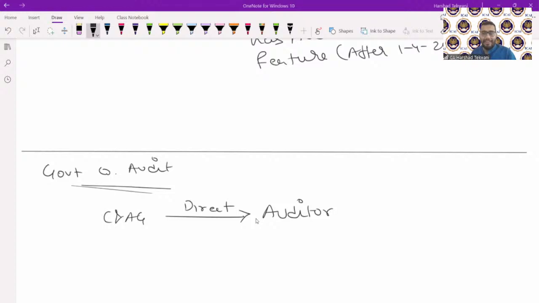So specific directions can be given to the auditor in case of a government company.